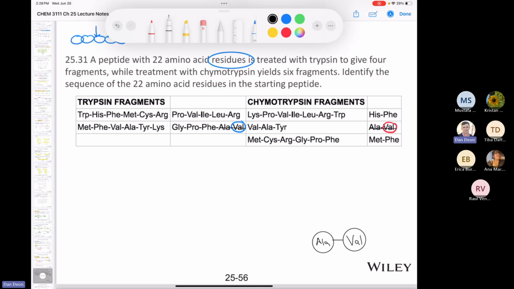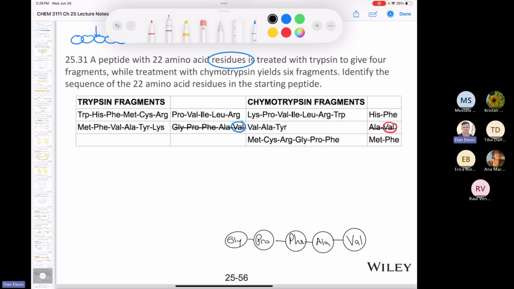Now I have phenylalanine, proline, glycine. So we have phenylalanine, then a proline, then a glycine. All right, so now I've gone up to here.